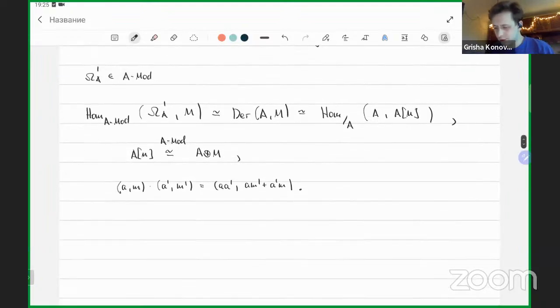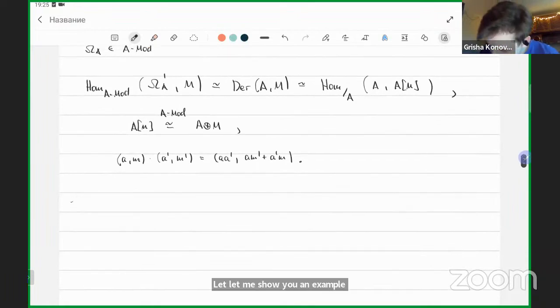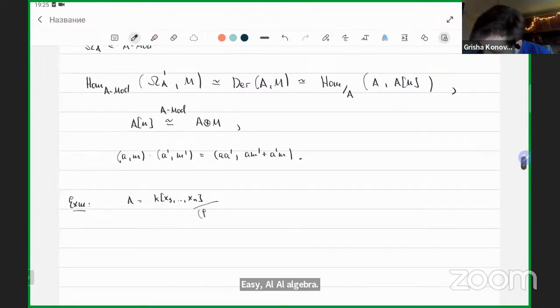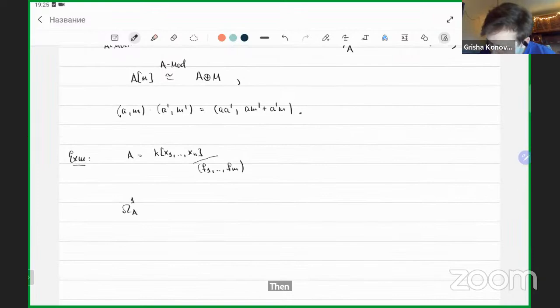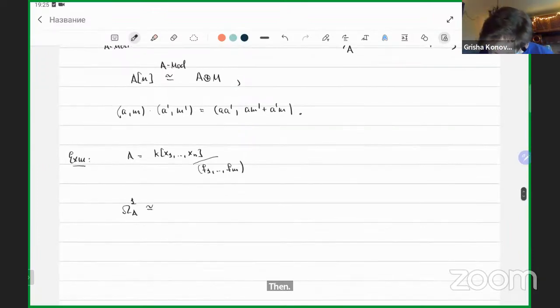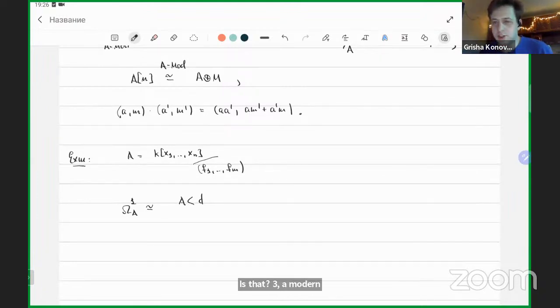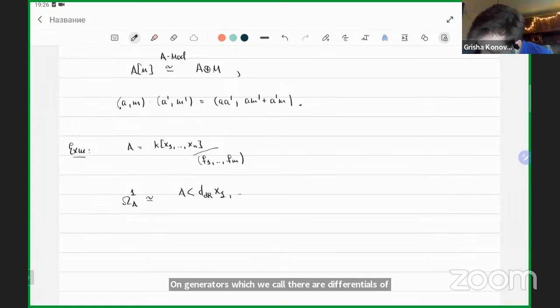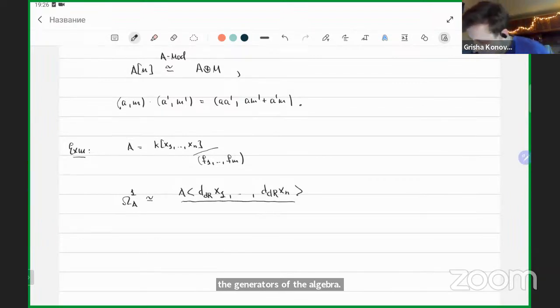So let me show you an example. If A is a polynomial algebra modulo a bunch of equations, then Kahler differentials of A is a free A module on generators which we call the de Rham differentials of the generators of the algebra, modulo the following equations.